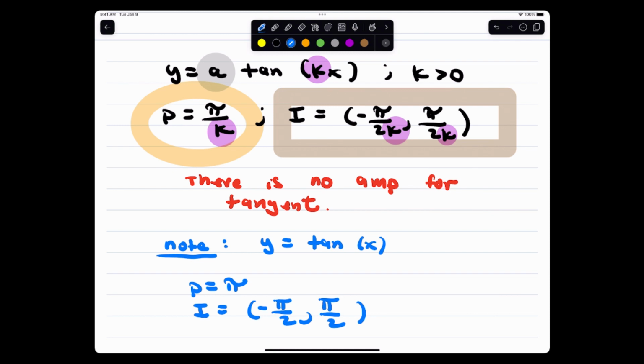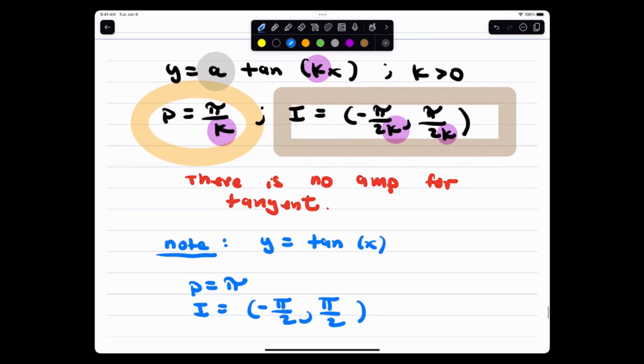Okay, so I just want to kind of give you guys this note using our definitions.